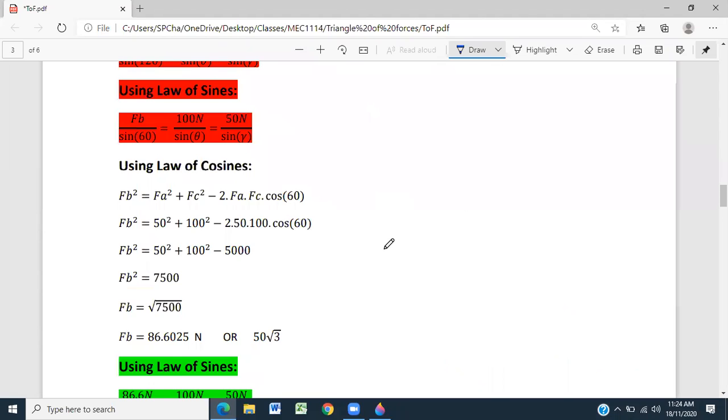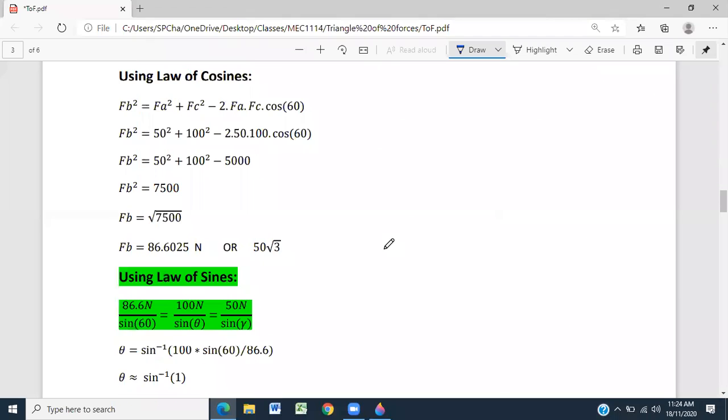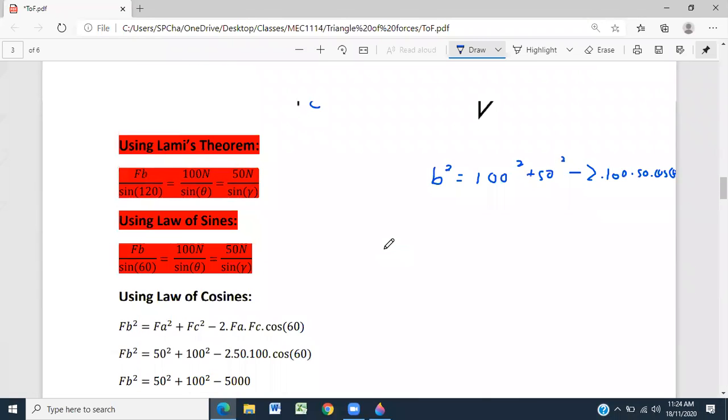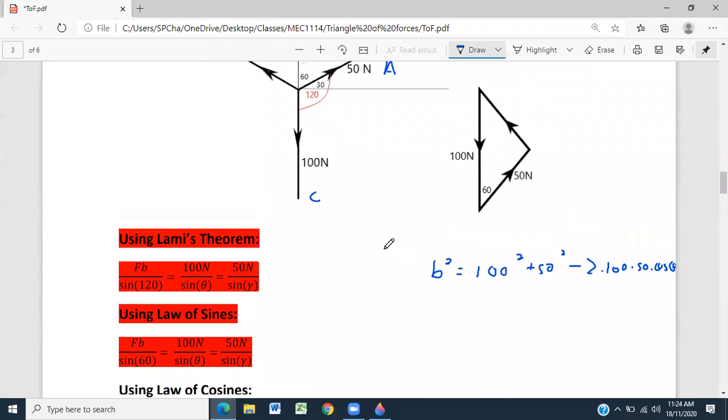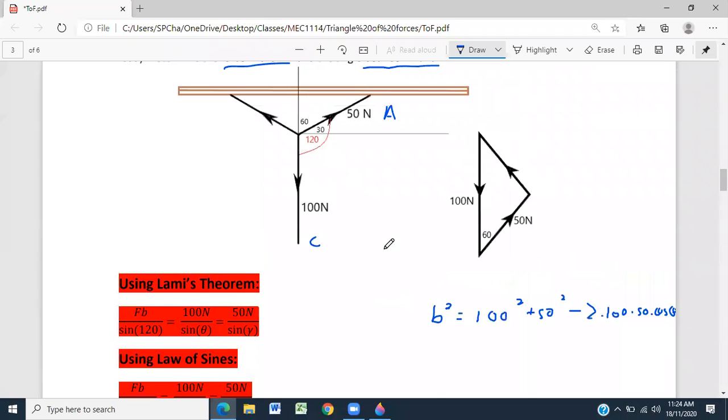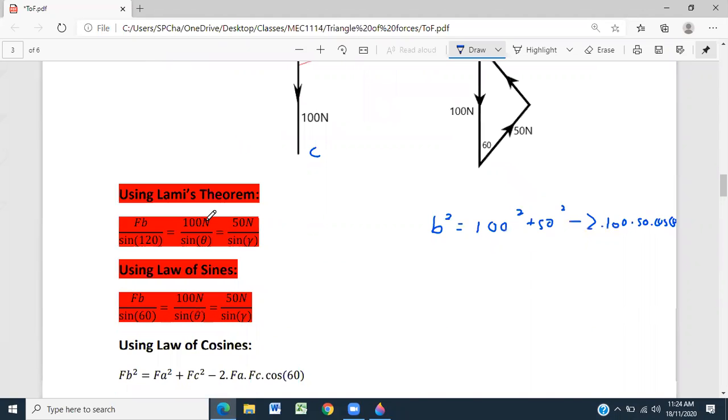So now, again, let's try using either Lami's theorem or the sine rule. So now we know the magnitude of this is 86.6, right? So we can go in Lami's theorem and replace this as 86.6, right?